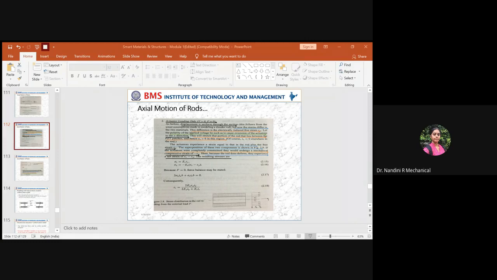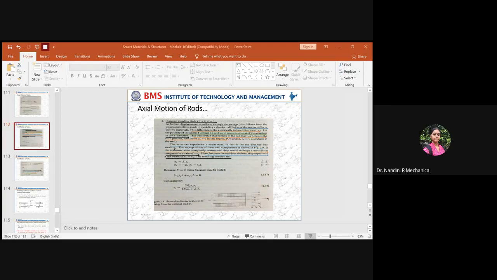So next is, I told you the actuator experiences a strain equal to that in the rod. Okay, so there will be an equal strain across the actuator, which is nothing but our piezo patch, and that is called a free strain. So free strain is nothing but the strain which has been induced across our piezoelectric element.